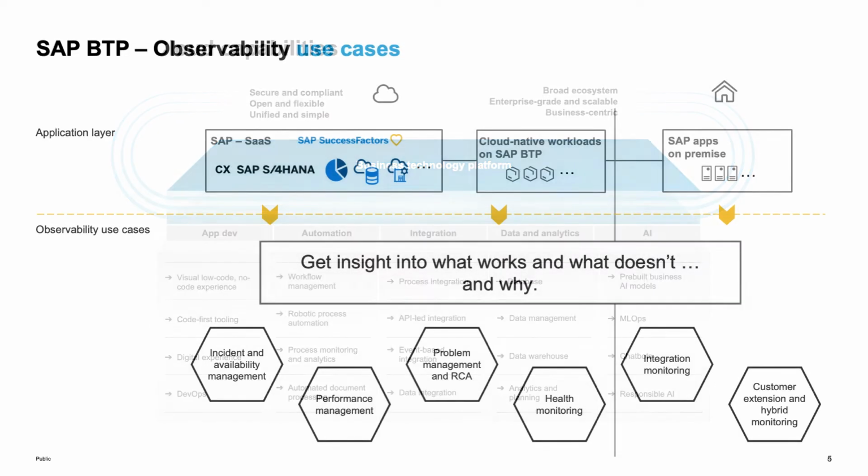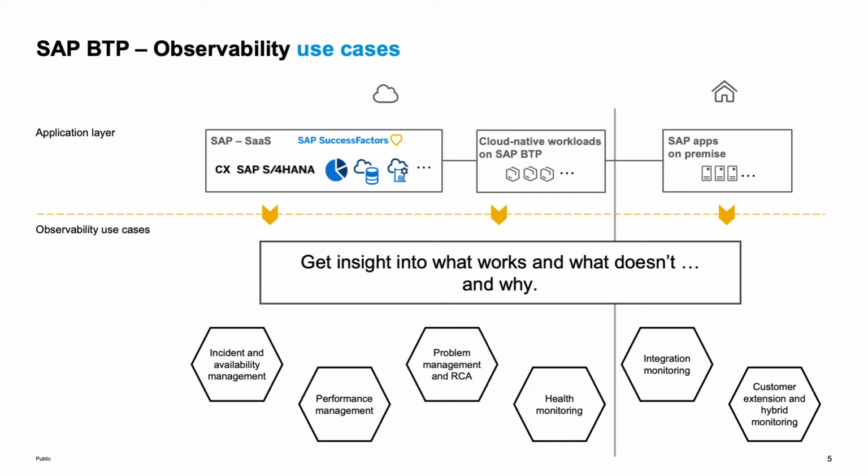And when we look at the landscapes of our customers, many of our customers are on the cloud journey. So they have a plethora of SAP cloud solutions, which eventually helps them run to become an intelligent, sustainable enterprise. But they also have many on-prem solutions as well.